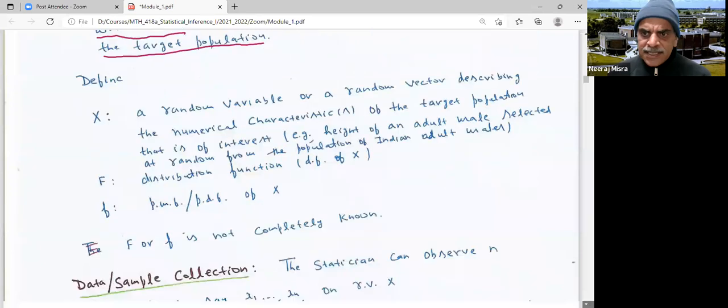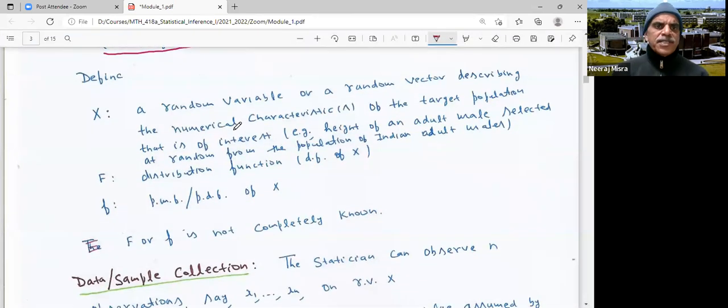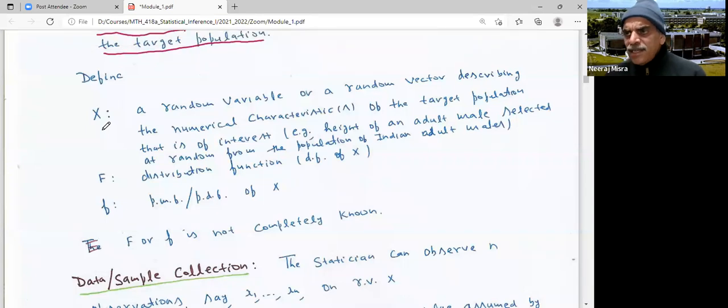So now let us describe the model which we are going to study. Note that a typical individual in the population has a height. Now this height keeps on varying. If you have selected an individual at random, it would be a random height.